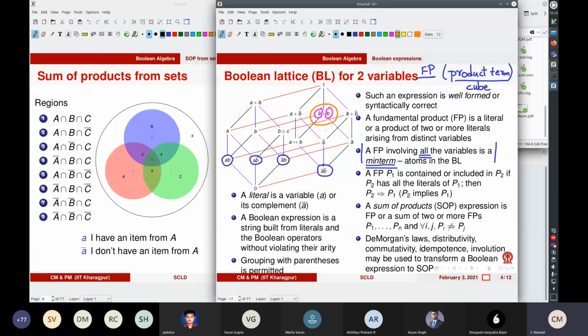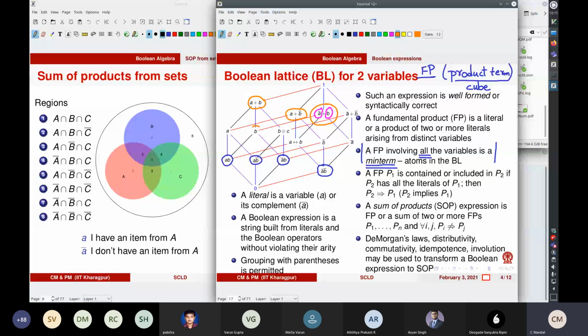But this is a mean term, and as you can see, these mean terms appear as the atoms of the lattice. Any element of the lattice, these nodes that you see, these are all elements of the lattice.